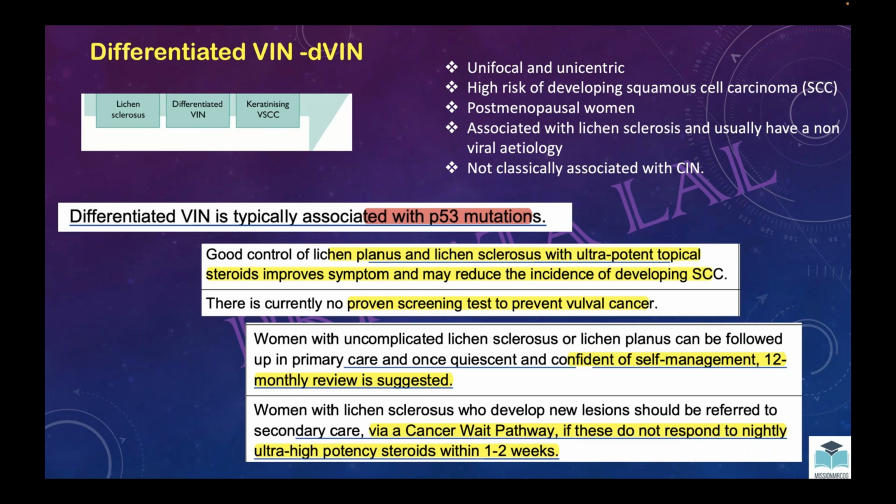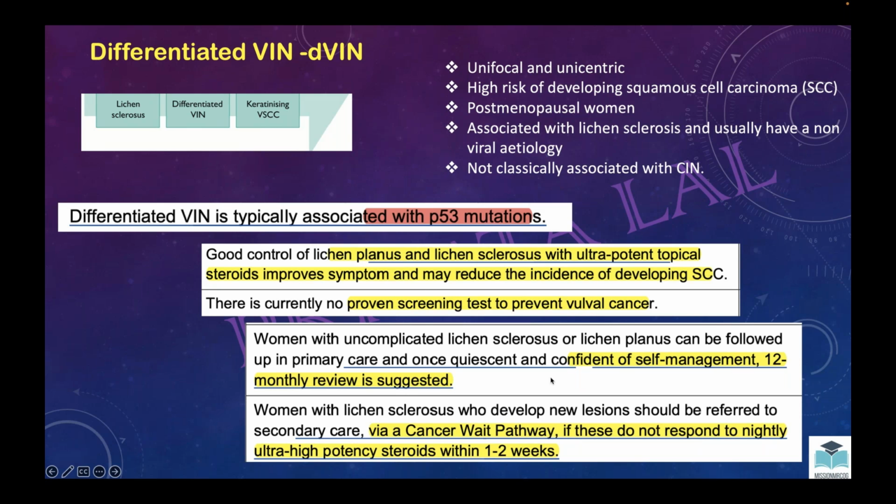Now, if we see why it happens, it is associated with p53 mutations. If there is good control of lichen planus and lichen sclerosus, we know the treatment is ultra potent steroids. If the treatment is done, then there would be decreased incidence of squamous cell carcinoma with DVIN pathway, but currently there is no screening test for vulval cancer.